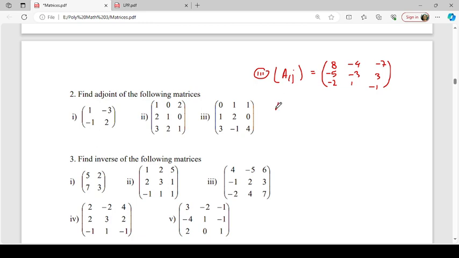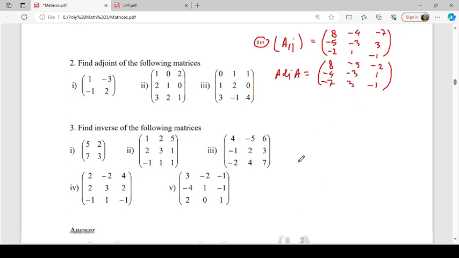Then adjoint of A is the transpose. So the transpose is 8, minus 4, minus 7, then minus 5, minus 3, and minus 2, 1, minus 1. So this is the adjoint.